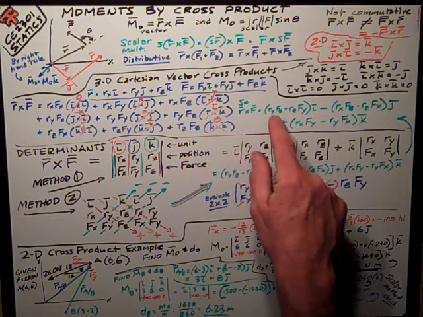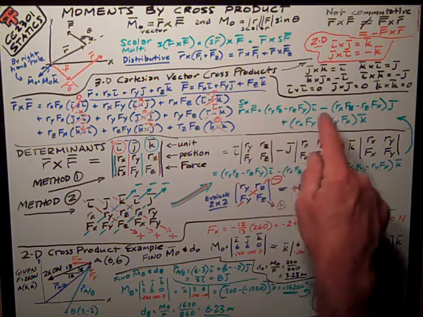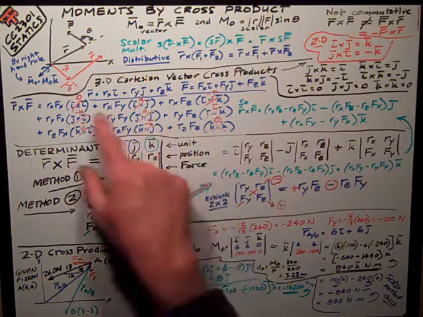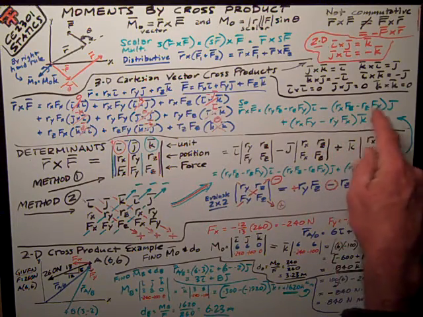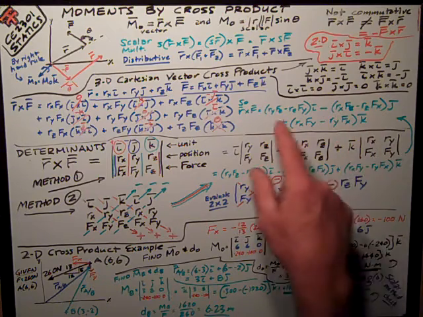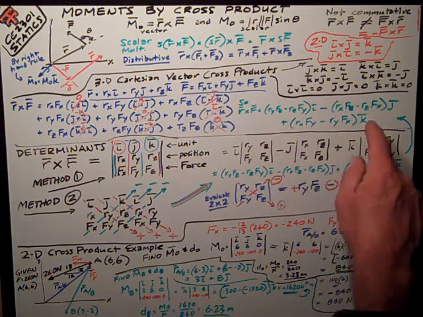So these are just numbers I'm multiplying together. Continue the same thing for the j terms, gather those up. Remember that these are just scalar numbers I'm multiplying together and then adding or subtracting. Same thing for the k.